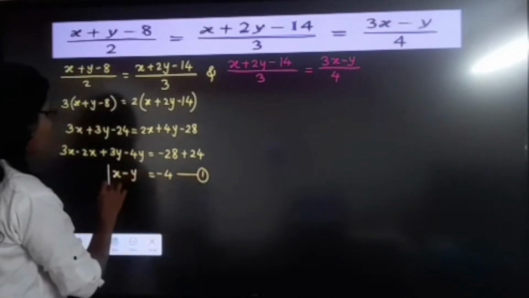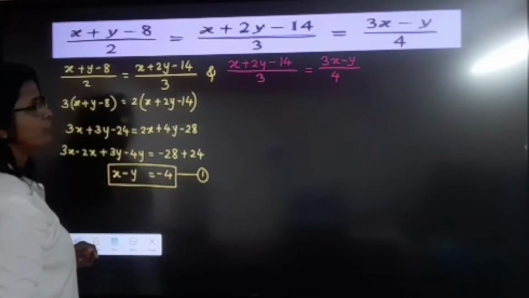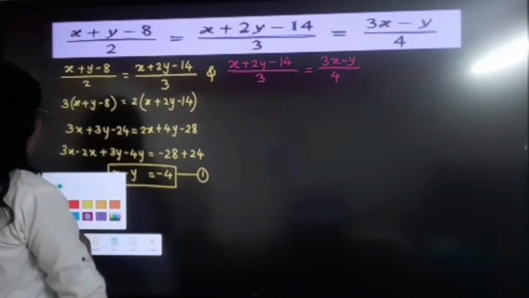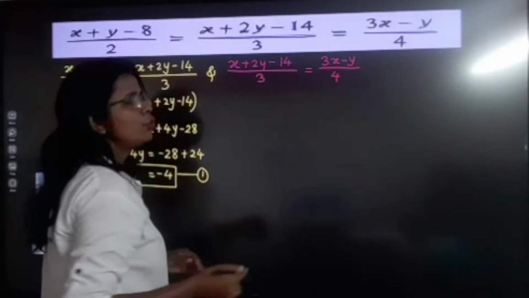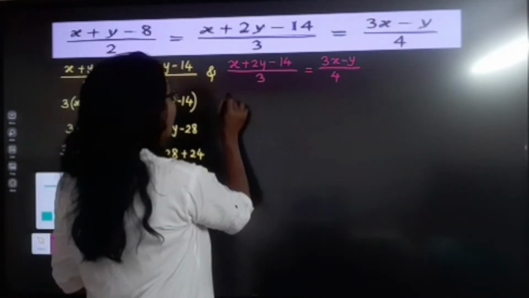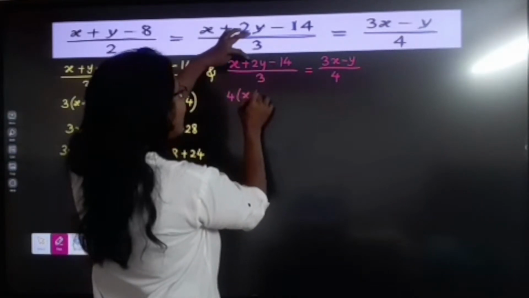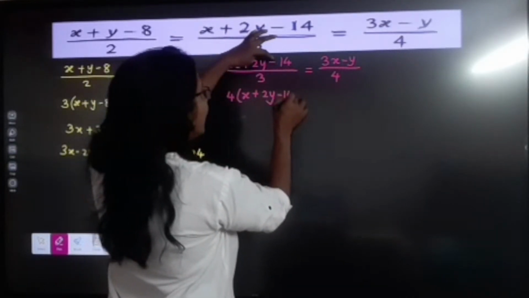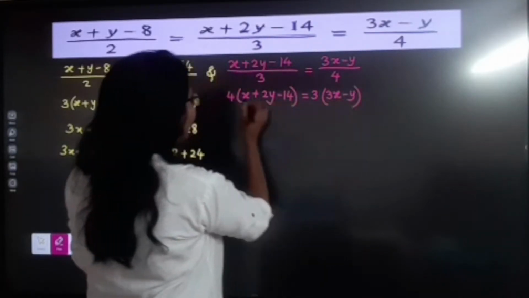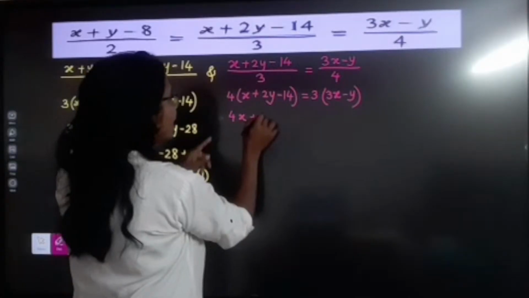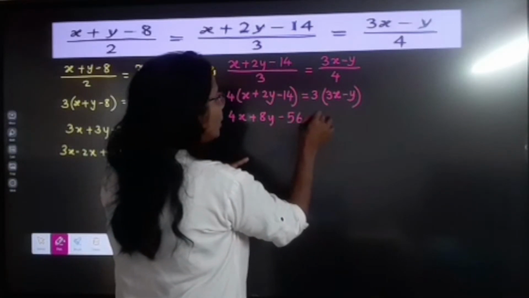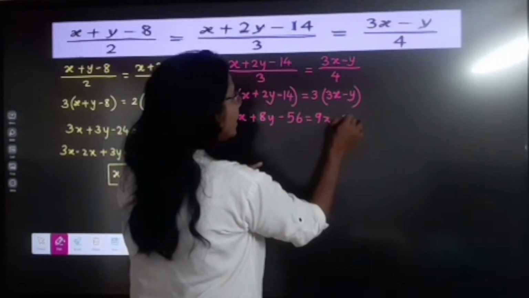Okay students, I called this the first equation, and then we come to the second two ratios. Here also the same process is carried out: cross multiply. So 4 multiply x plus 2y minus 14 is equal to 3 multiply 3x minus y. Then 4x plus 8y minus 56 is equal to 9x minus 3y.